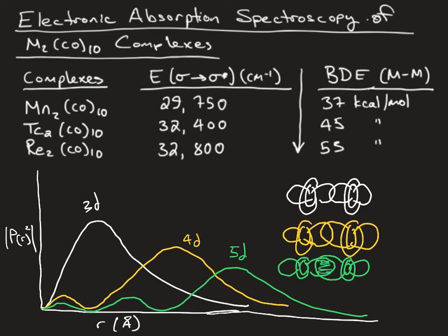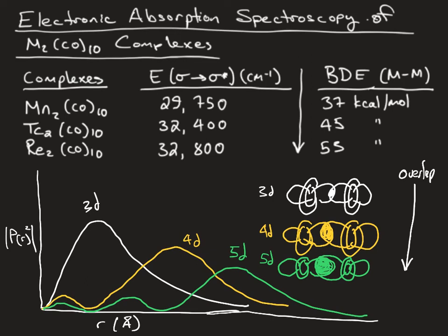So here you have a significant amount of orbital overlap, and that systematically decreases as you go from the 3d to the 4d to the 5d. As overlap increases, the interaction between those orbitals is going to increase, and that corresponding sigma orbital is going to become more and more stabilized energetically.